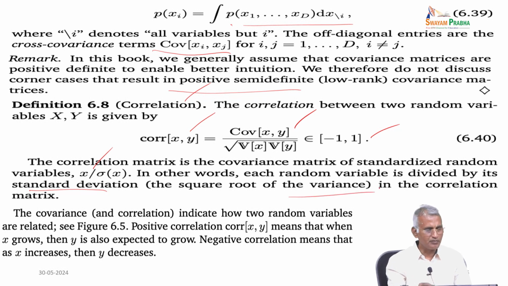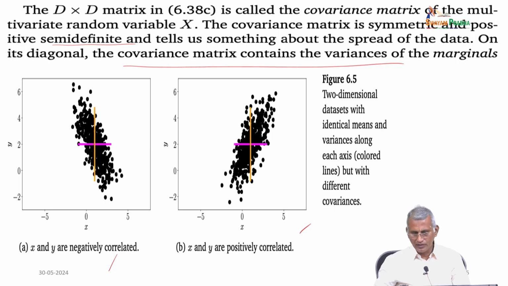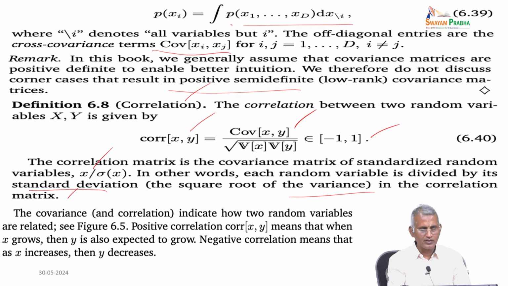Now, we saw the figure 6.5, and the covariance and correlation indicate how two random variables are related. A positive correlation of x and y means that when x grows, y is also expected to grow, and a negative correlation means that when x increases, y decreases.